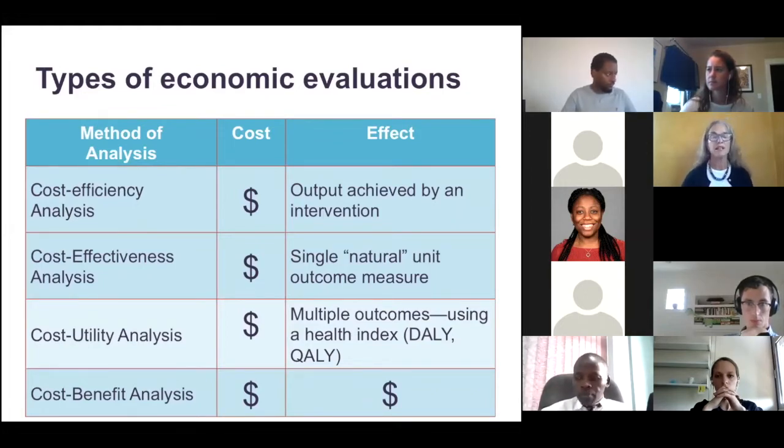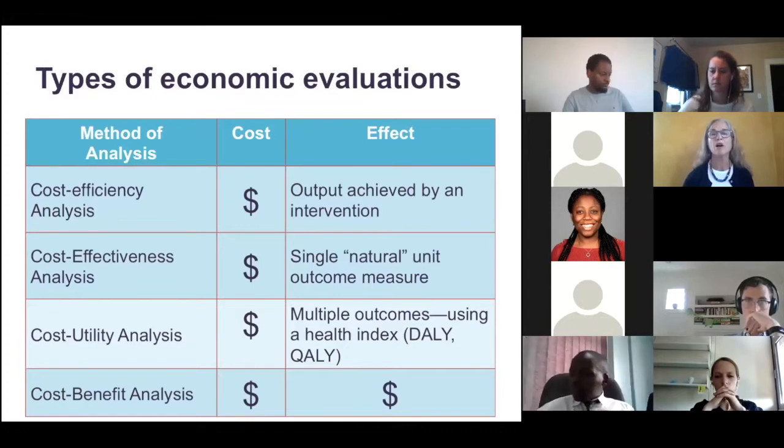Cost utility analysis is a method that allows you to compare costs with multiple health outcomes. The most common approach used in low and middle income countries is what's called disability adjusted life years, or DALYs. This is a health index that represents the years of life lost due to death or illness because of a condition such as undernutrition or malnutrition or overnutrition.